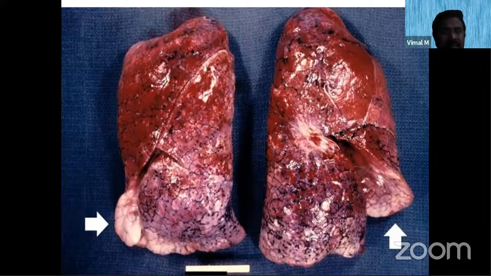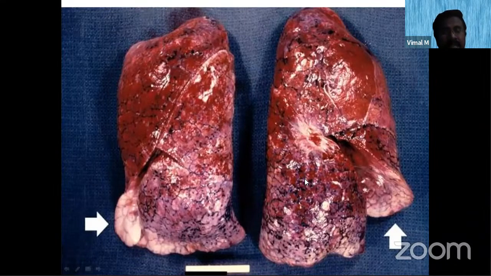After they die, these RBCs liberate hemosiderin, and this hemosiderin pigment will be engulfed by the macrophages. Yes, you have alveolar macrophages lining your alveolar cavity, and these will engulf the hemosiderin pigment.